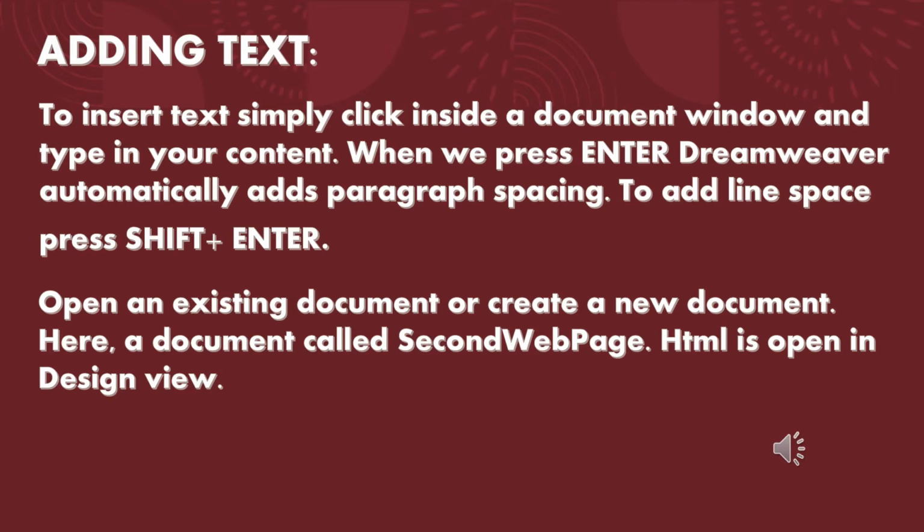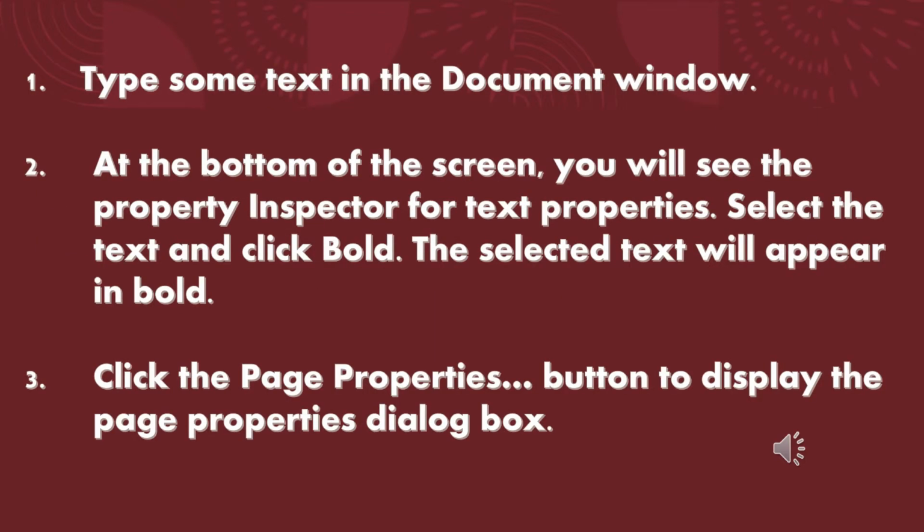Open an existing document or create a new document. Here a document called second web page.html opens in design view. Type some text in the document window as shown. At the bottom of the screen, you will see the property inspector for text properties.